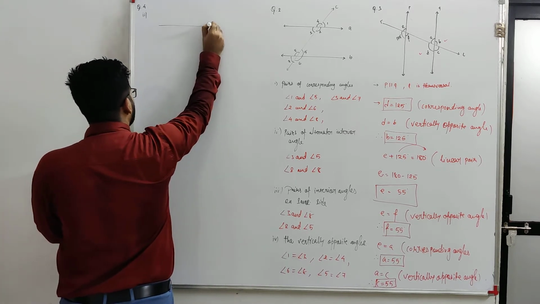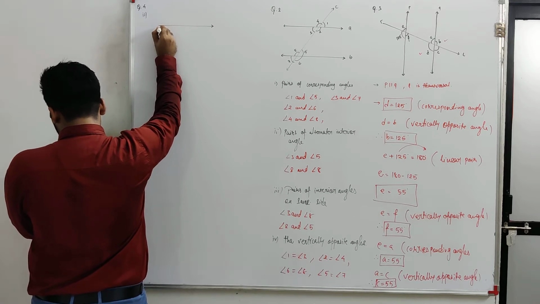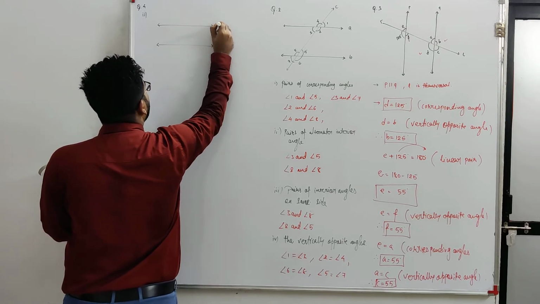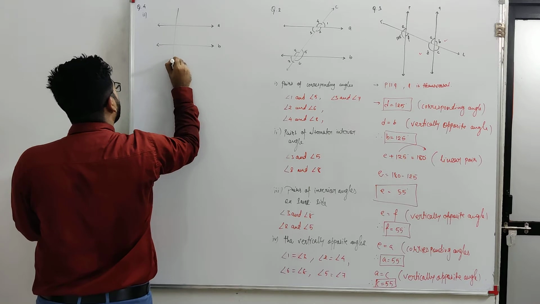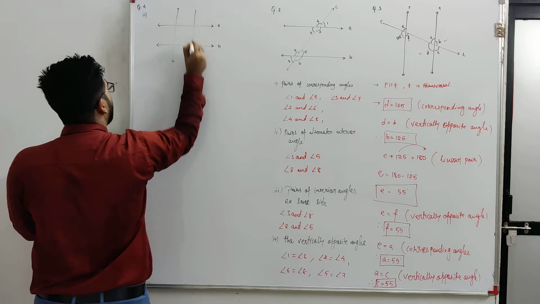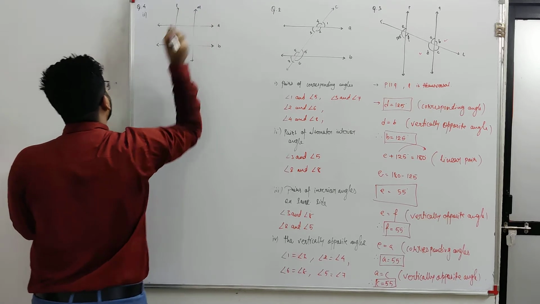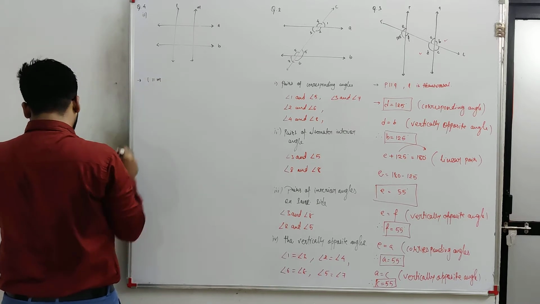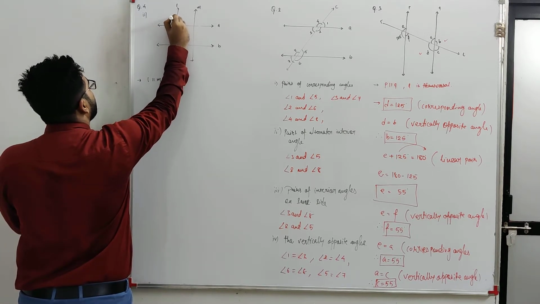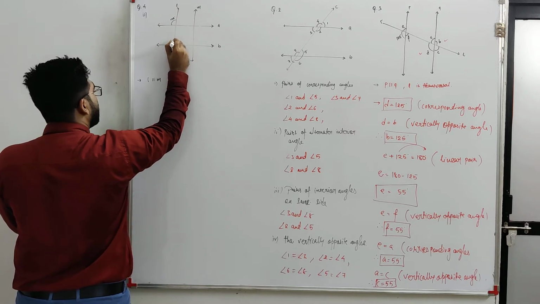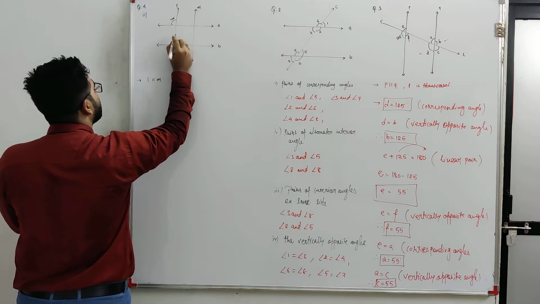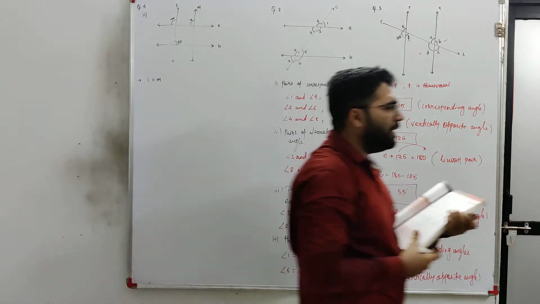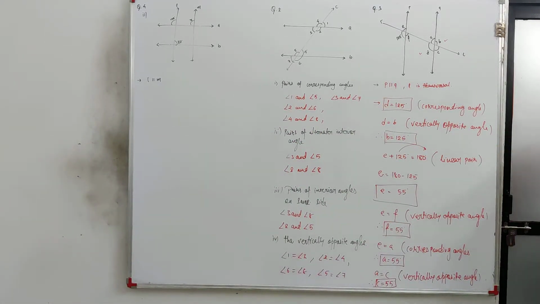It is given that two lines, A, B, this one is L, this one is M, where L is parallel to M, and we need to find X. This one is 100, and this one is given as 80, and this is X. We don't need to consider 80, because we don't require it.